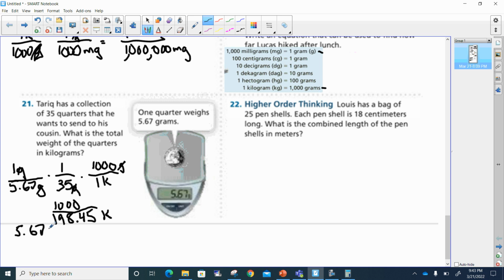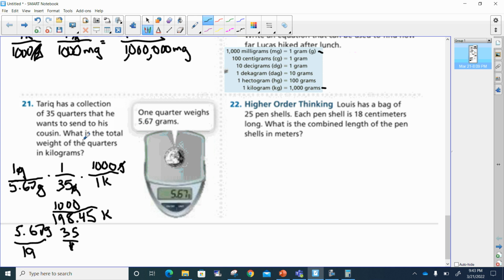Grams over 1 quarter. And this should have been then 35 over 1, not 1 over 35, because this is one collection, right?